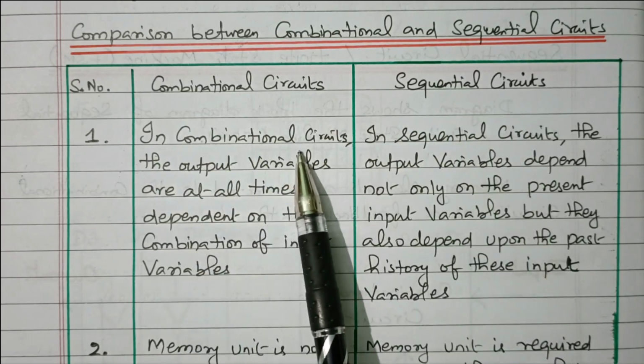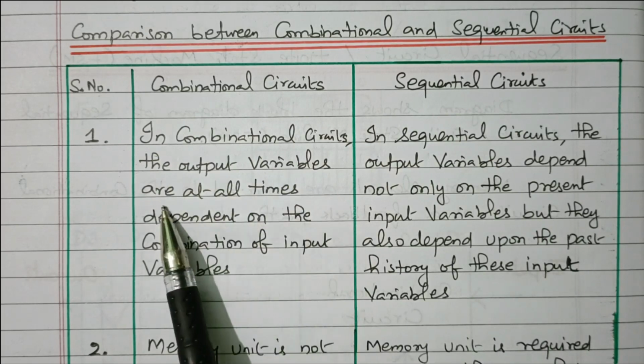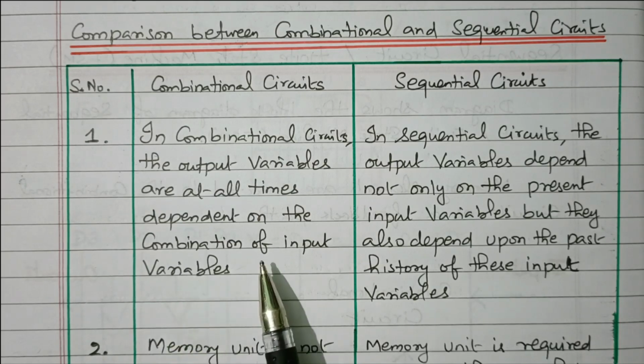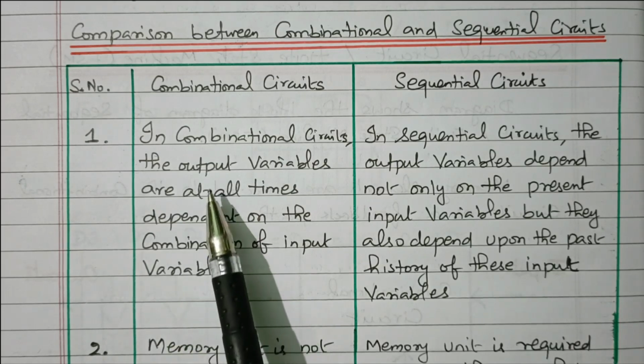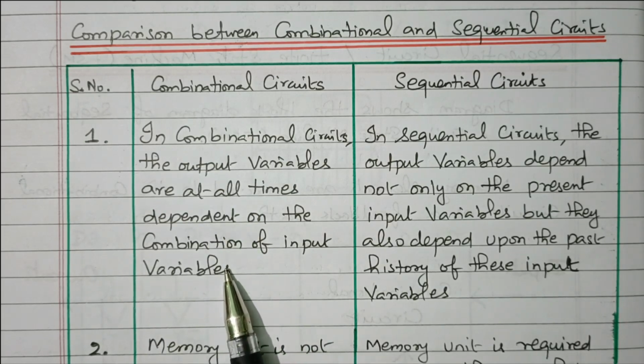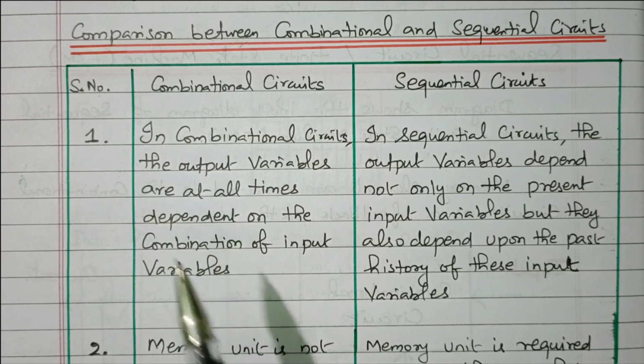In a combinational circuit, the output variable at all times depends upon the combination of the input variables. So based on the input variables, the output is produced. There is nothing else, right? Whatever input we are giving, accordingly the output is produced.